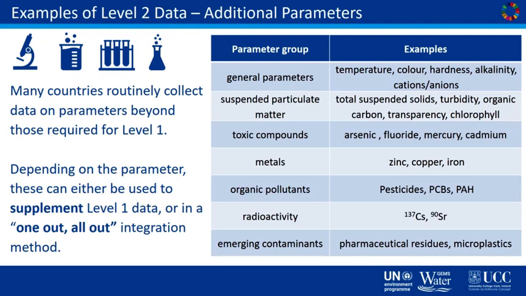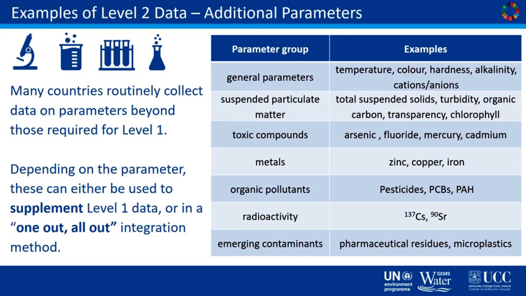Many countries routinely collect data on parameters beyond those required for level 1. These may include physical and chemical parameters, toxic substances, or those related to pollution from activities such as agriculture or mining. The effect of the parameter on the freshwater ecosystem and human health will determine whether and how the data are integrated.